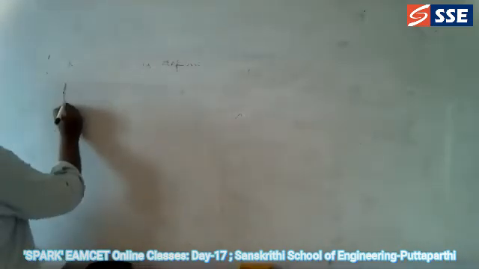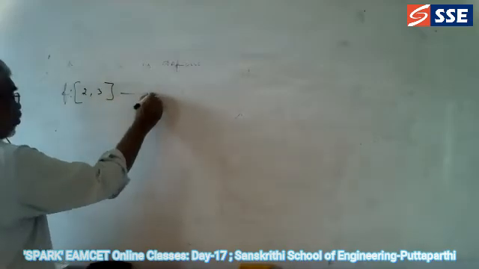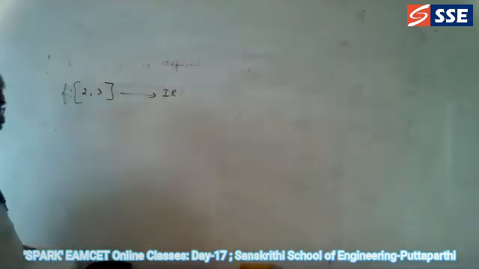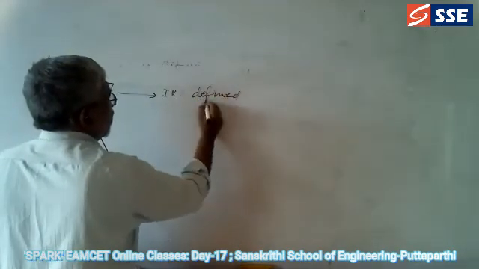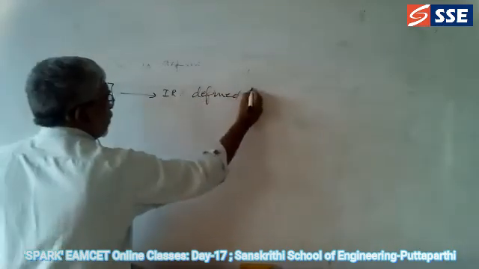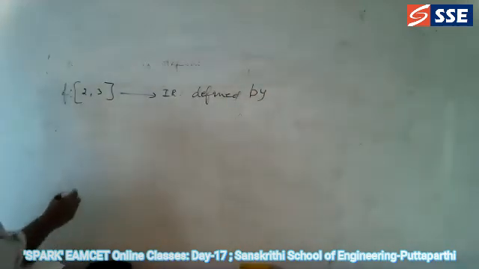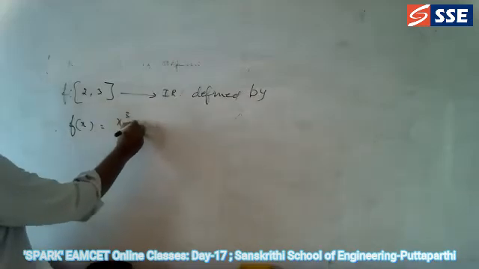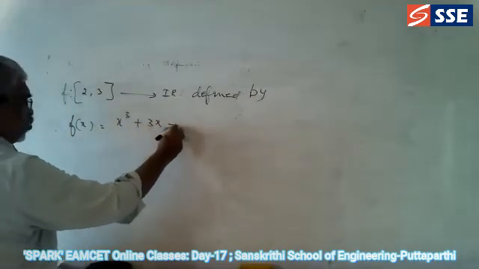f from [2, 3] to R, the real numbers, defined by f of x equals x cube plus 3x minus 2.